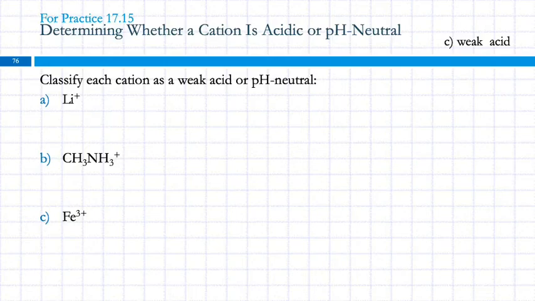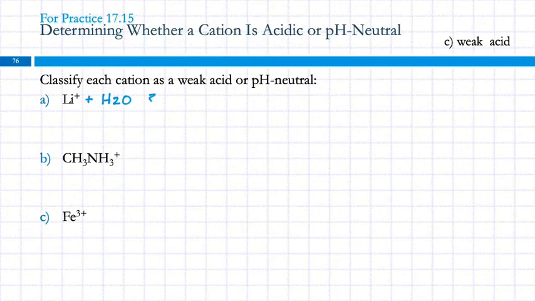Classify each cation as a weak acid or pH neutral. So, can I remove a hydrogen ion from this? No. How could it possibly form hydronium ions or hydrogen ions?